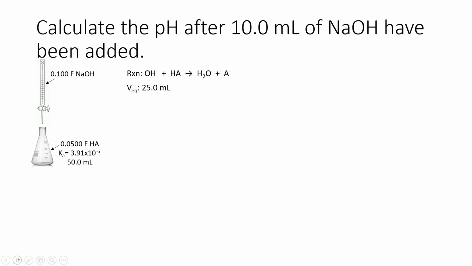Well, now they want us to calculate the pH after 10 mL of OH- have been added, and what will be in this solution after we've added 10 mL of OH-? Note that this is before the equivalence volume. So that means that every time we add OH-, it got consumed. Before the equivalence volume, what we have in this solution is a solution containing HA and A-.